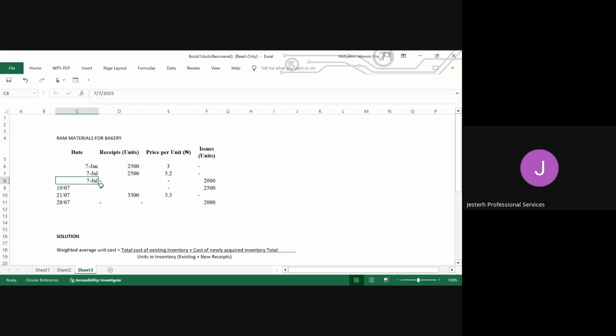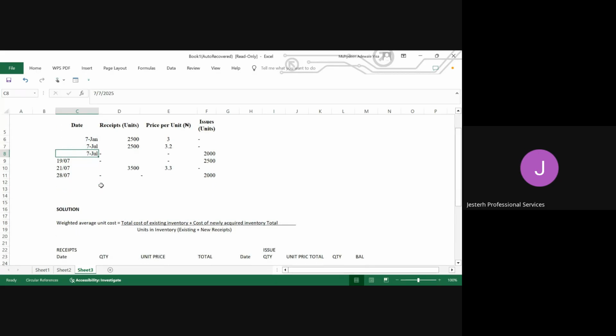This is where we need to be very careful whenever we see this kind of question. Remember, weighted average says we issue at the current average cost. It's different from the first two approaches that we used, where we issue at the first unit of the product that comes to the store, and then the last, where we issue at the last unit that comes to the store. But in this case, it is different.